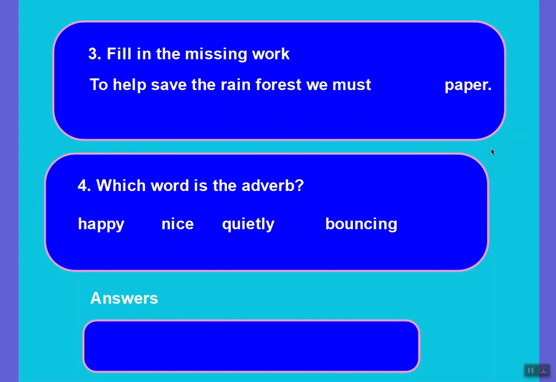Okay, it has been one of your spelling words and it's got a prefix as well. Okay, moving on to question 4. This is your last one, question 4. Which word is the adverb? So one of these words is an adverb. These are your choices. Which one is an adverb? Write it for question 4.